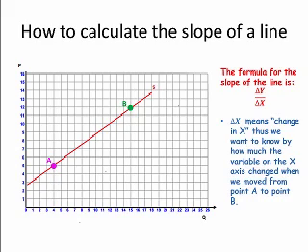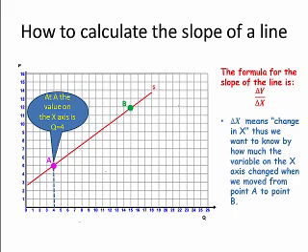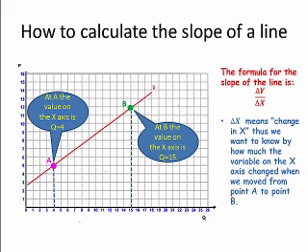Triangle x, meaning change in x, thus we want to know by how much the variable on the x-axis changed when we moved from point A to point B. At A, the value on the x-axis, Q, is equal to 4. And at B, the value on the x-axis, Q, is equal to 15.